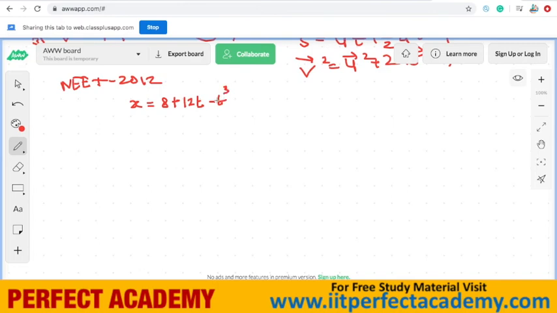So this is the relation they have given, where x is in meters and t is in seconds, and they are asking the retardation of the particle.